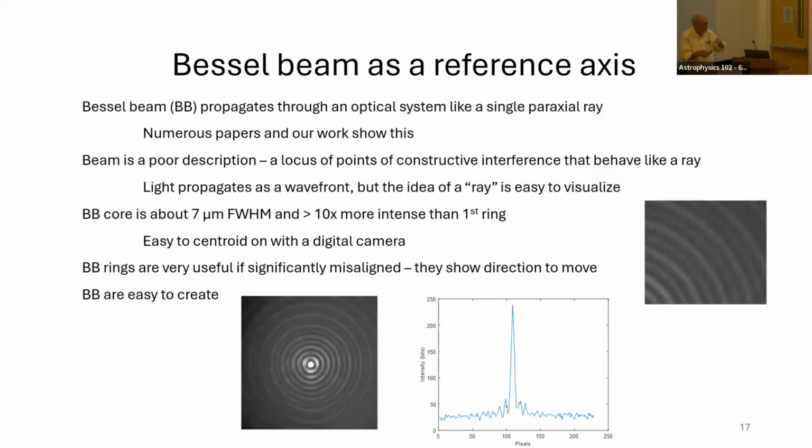So in our alignment, to get on with your question, we use the Bessel beam as a reference axis because it propagates through optical systems like an ABCD ray. In my lab, I was playing around with the thing. I didn't know anything about Bessel beams.